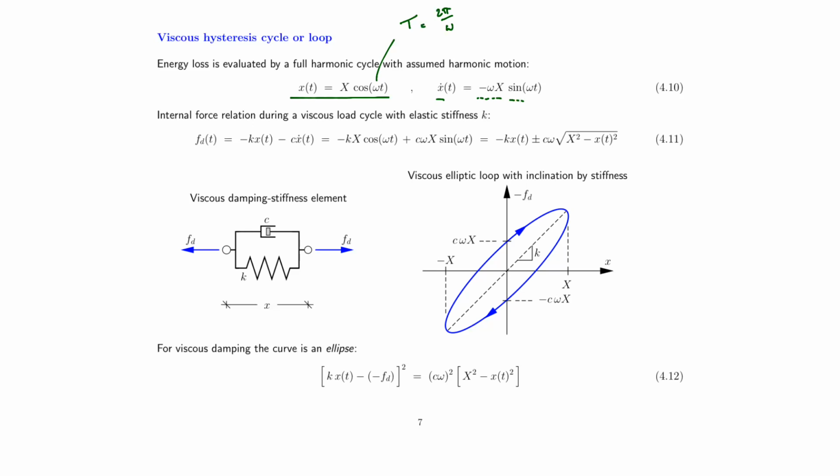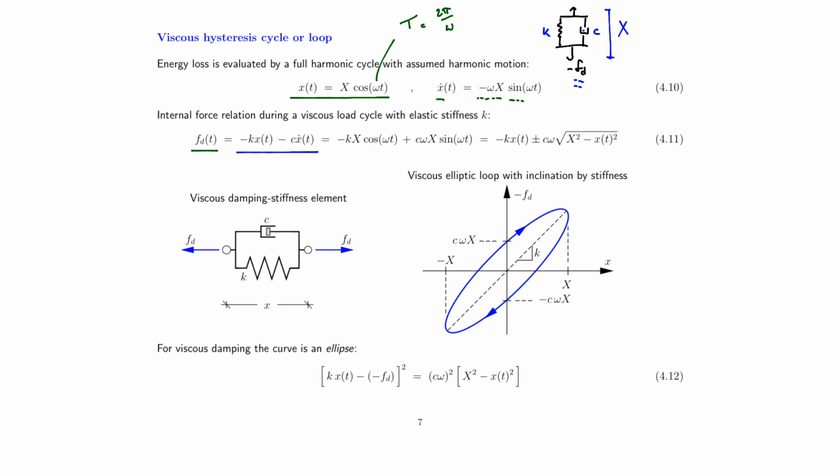Now remember that Fd is an external force. So let's assume that the element we are going to consider is a typical internal material model where we have a spring in parallel with a viscous dashpot, and we will then have the displacement amplitude x across this element, and the forcing will then simply be minus Fd.